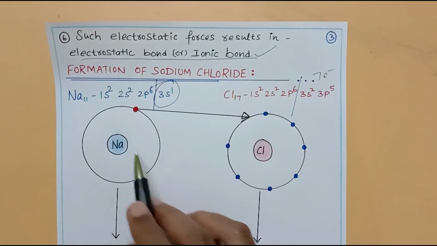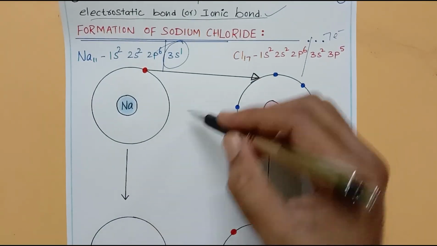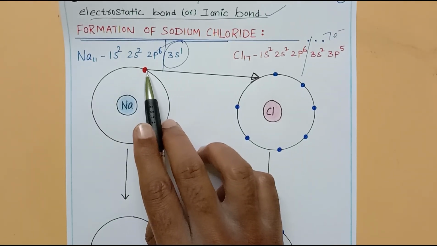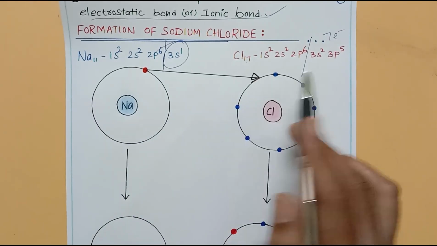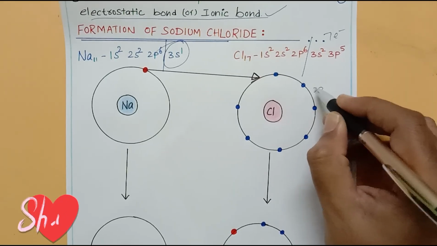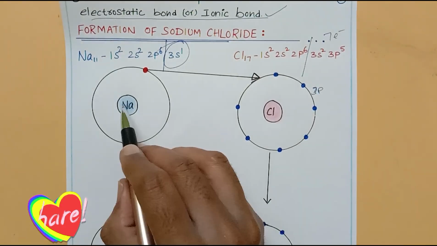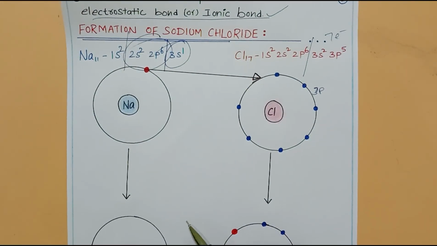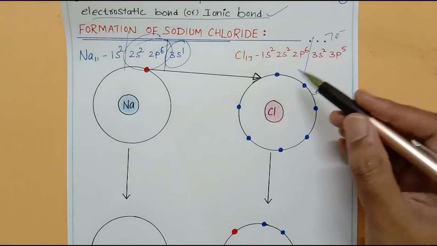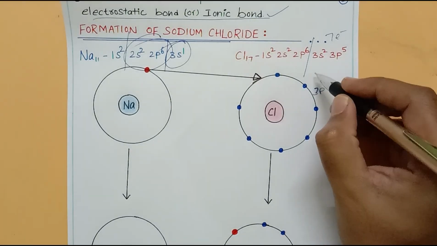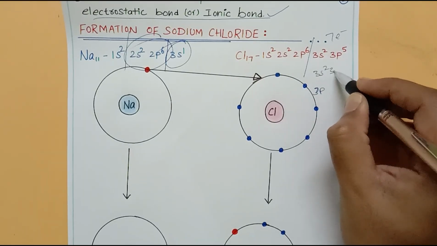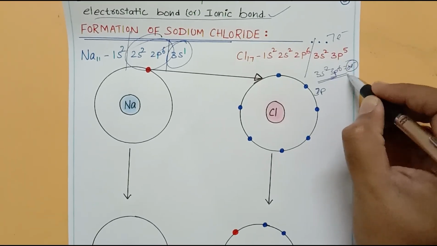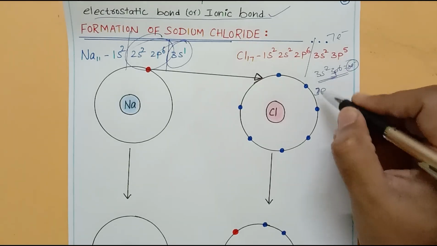If sodium loses the electron from its 3s orbital and it is transferred to the 3p valence orbital of chlorine, sodium will have 8 electrons in the valence shell, the noble gas configuration. Similarly, the electronic configuration of chlorine becomes 3s2, 3p6, so 6 plus 2, 8 electrons. It is also a noble gas configuration, so they attain stability.